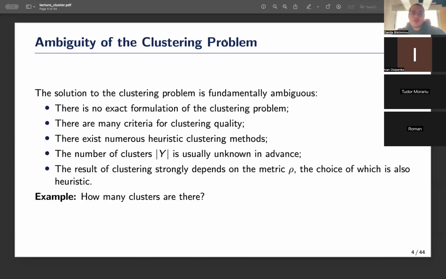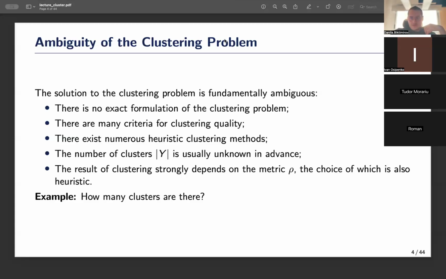Second, the number of clusters is usually unknown in advance, and it's determined based on certain subjective criteria. And the last, the clustering outcome heavily depends on the metric rho, which is typically chosen subjectively and defined by some expert.